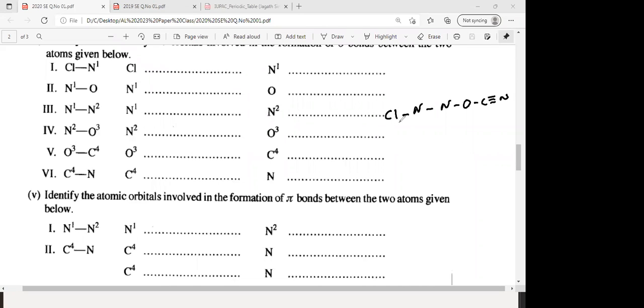So chlorine you get 3 pairs, nitrogen plus charge. Here you get oxygen 3 pairs. This nitrogen you get 1 pair. This oxygen you get 2 pairs. Carbon, okay.